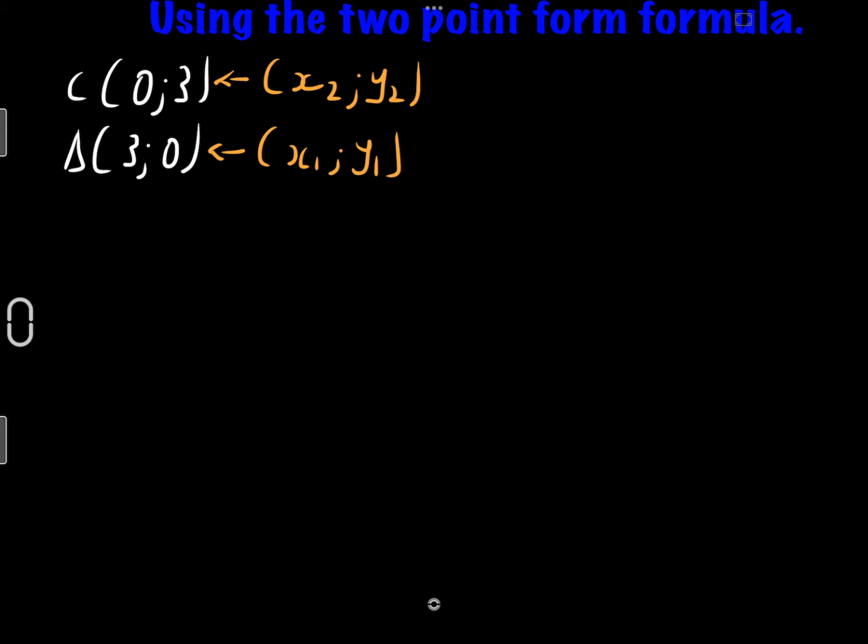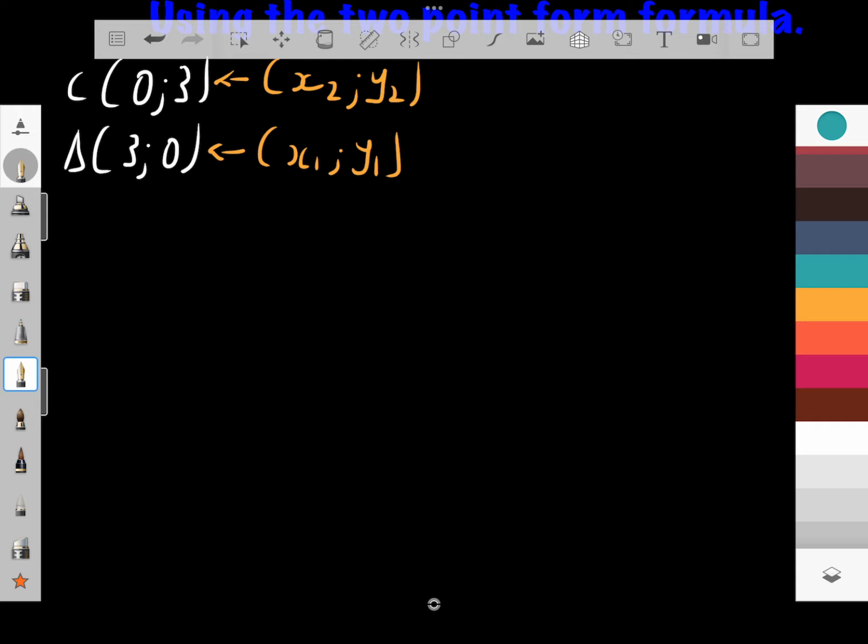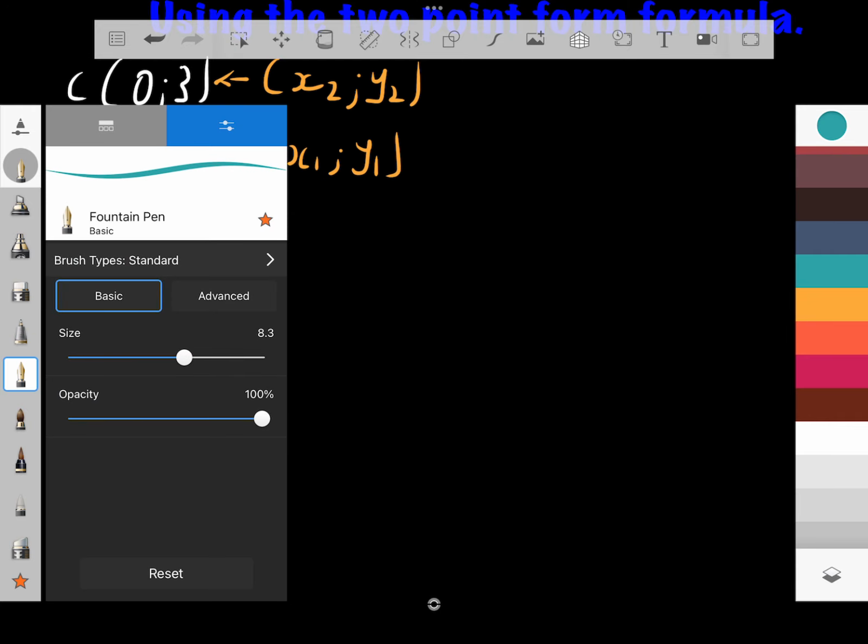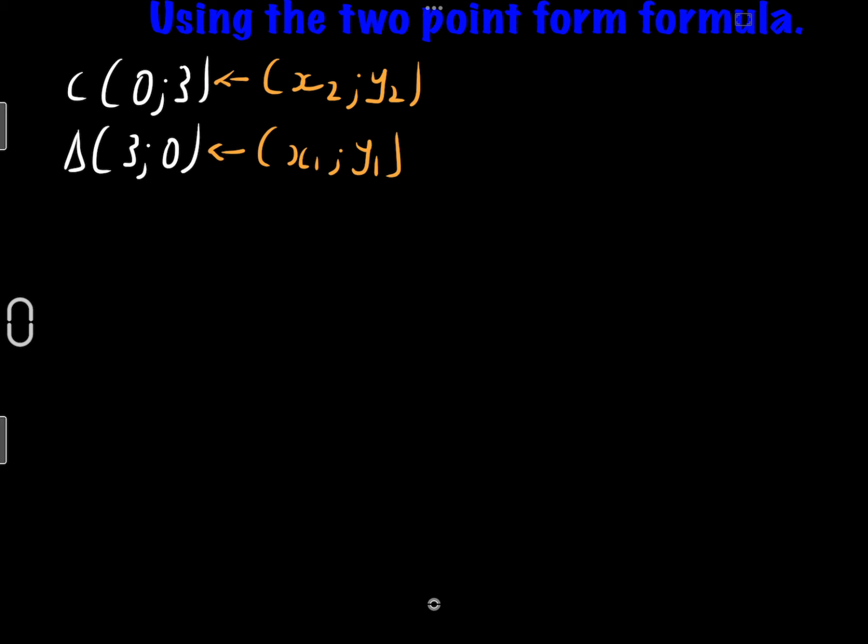So in this case, one should be able to devise the formula. The general formula goes like this: y minus y2 is equal to the change in y over change in x, multiplied by (x minus x2).